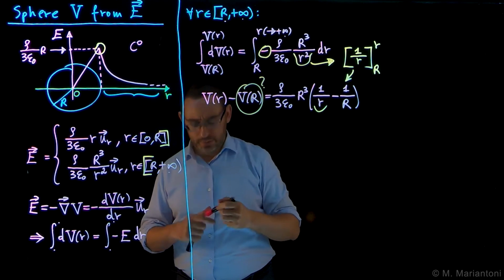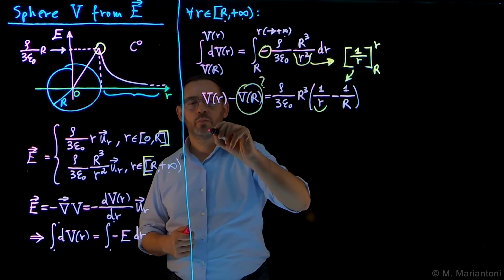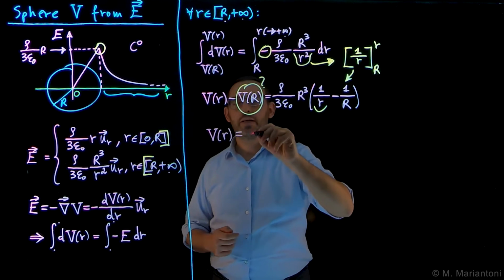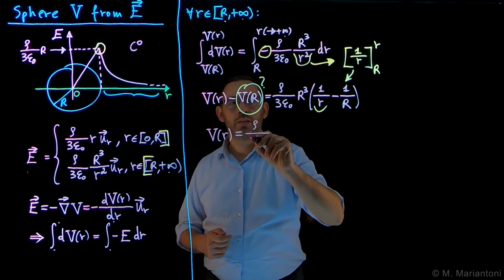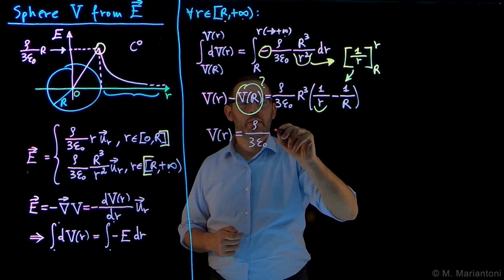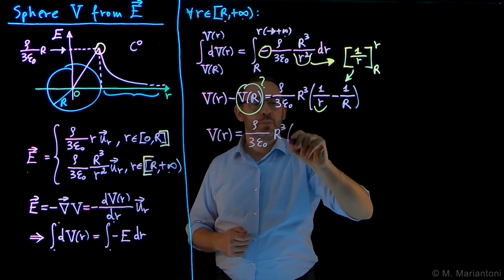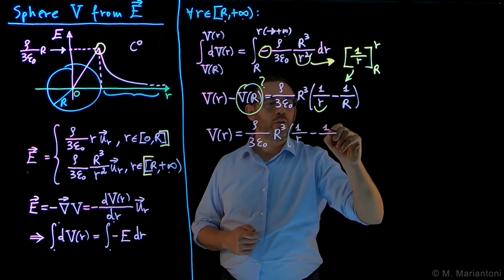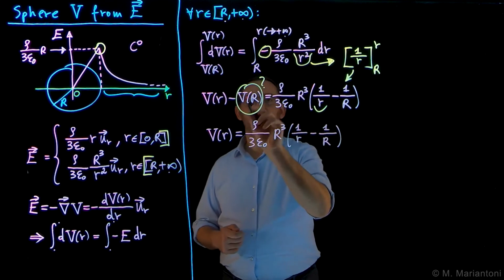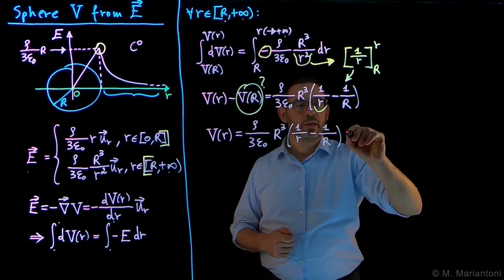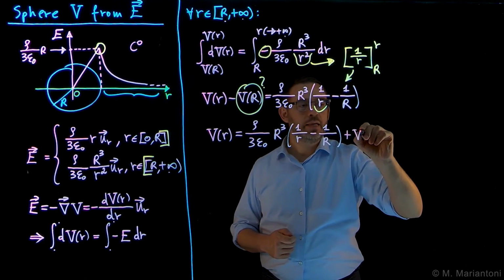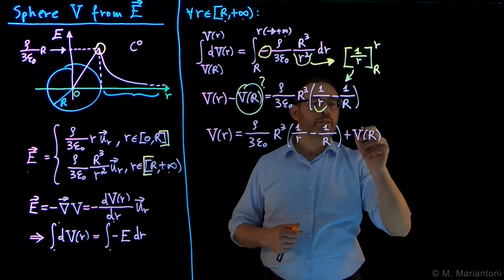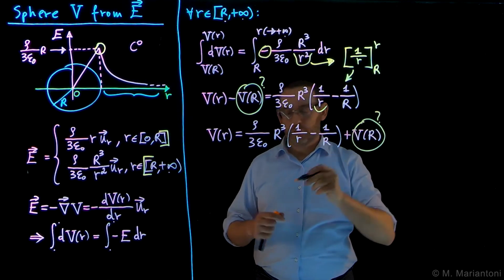So first of all, let's rewrite this expression as follows. V of small r, which is actually what we intend to find, is equal to rho divided by 3 epsilon naught times R cubed times 1 over small r minus 1 over capital R. We bring this to the other side, to the right hand side, therefore obtaining plus V at capital R. Once again, this is our arbitrary constant, which we want to compute.